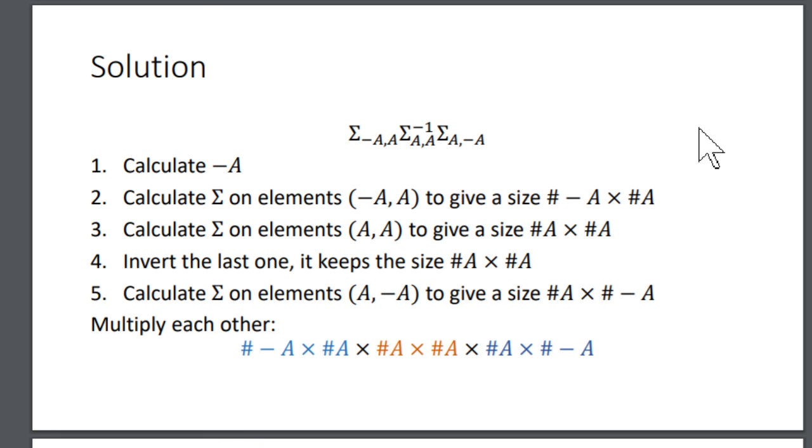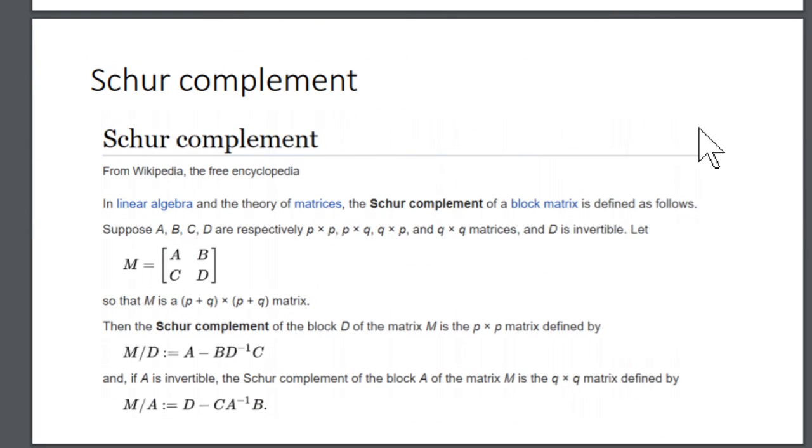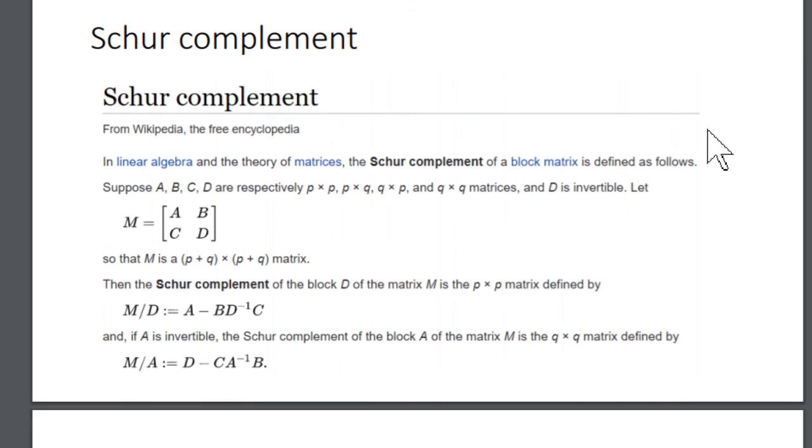And how did I figure that out? It's because of the Schur complement. I was looking at the proof of the approximation for the Sobol index, and I did not understand the proof. It was really messy and just assuming some things. And I came to this article, and basically when you get the inverse of something, first you take the block part, the block D, and it's this block that you invert.